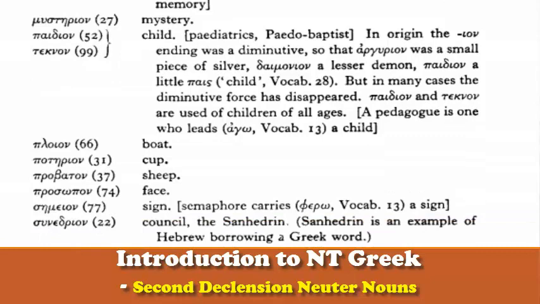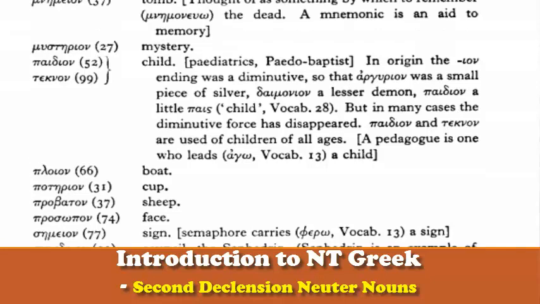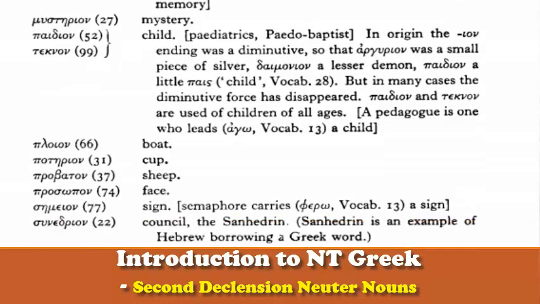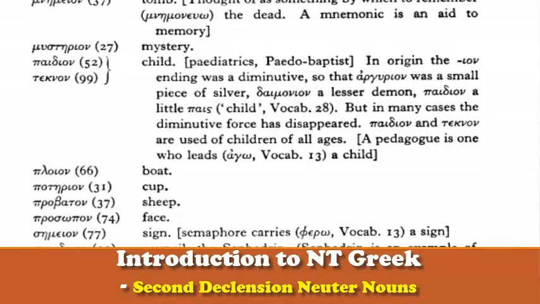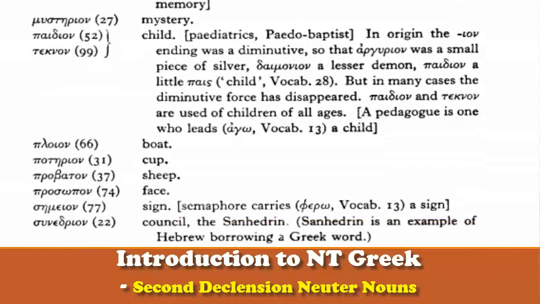The next word is poterion. Poterion means cup. The next word is probaton. Probaton means sheep.